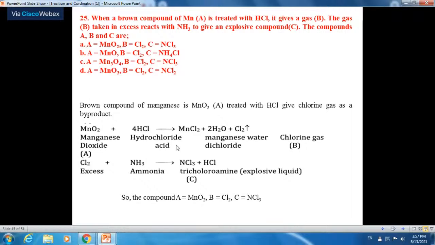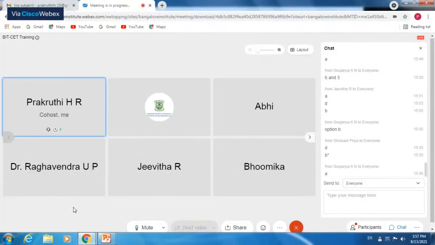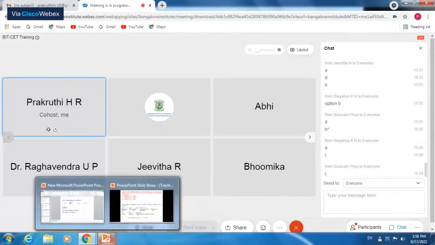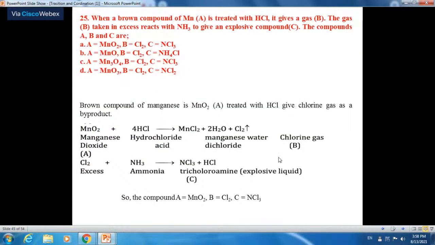Then what is the answer for the students? What is the answer for this question? Saujanya, you are telling A and C. Confusion? Okay, Shravani says C. Let's see the answer.